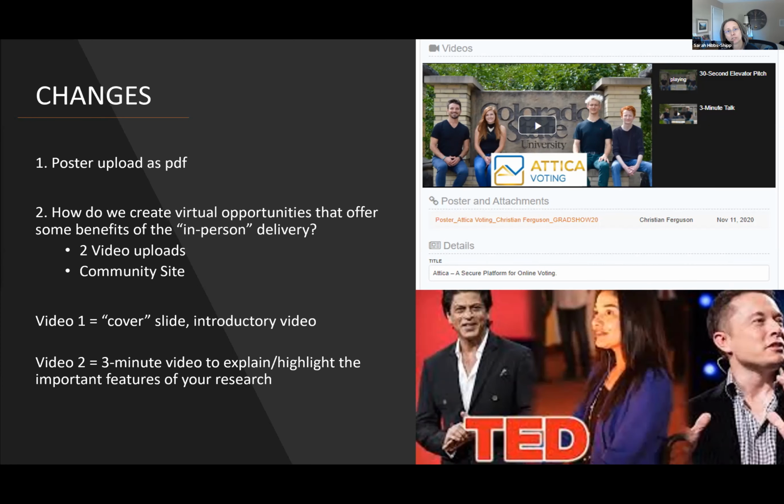So the changes that come up for those of you who went to the graduate showcase, they're the same things you did for the graduate showcase. You'll have a 30-second elevator pitch video, a 3-minute video, and then you'll upload your poster and attachments in the poster and attachments section. So that's how we are replicating your in-person delivery, with the videos.